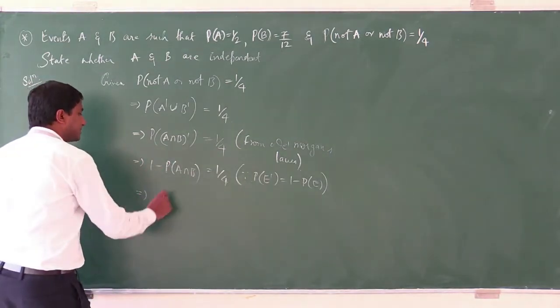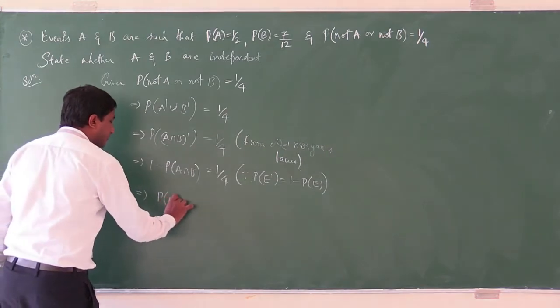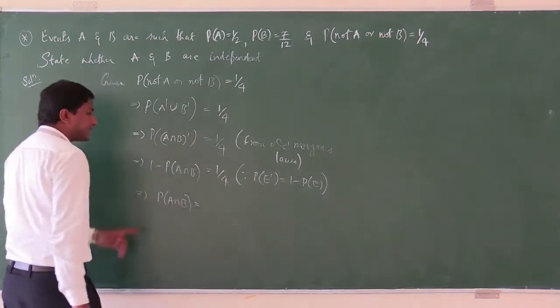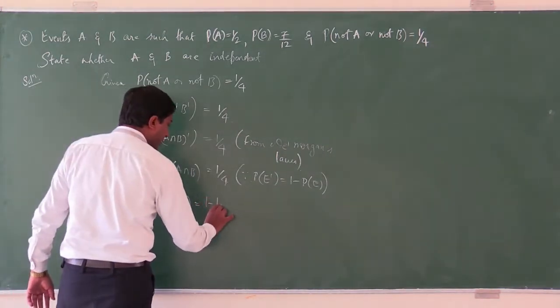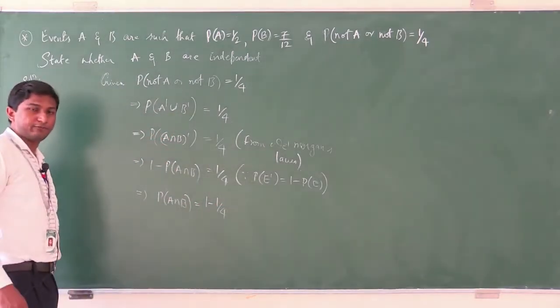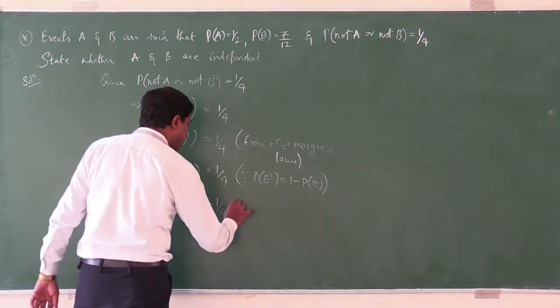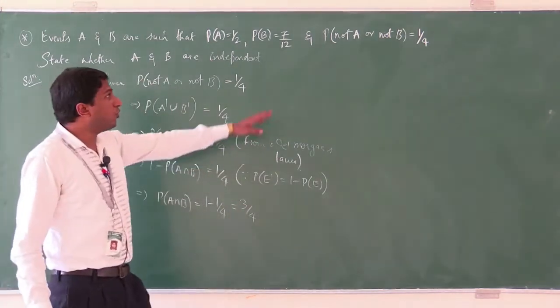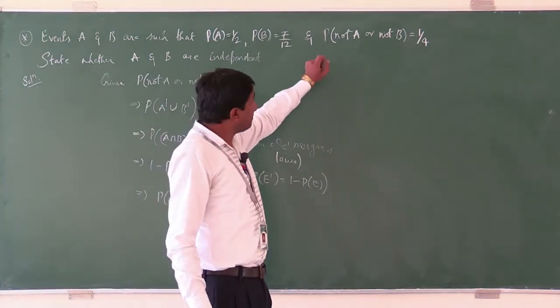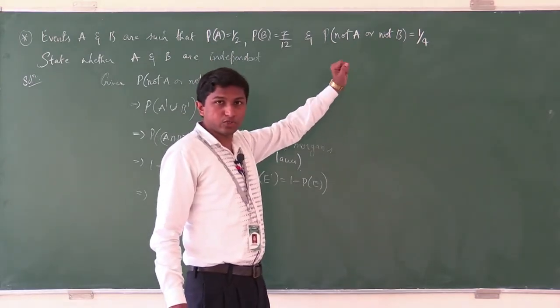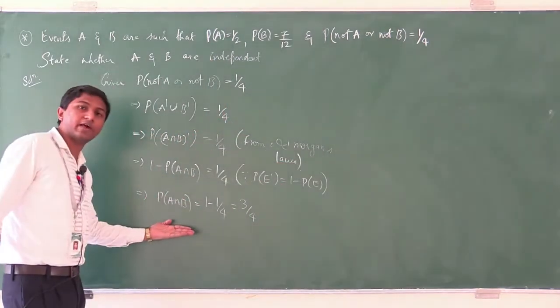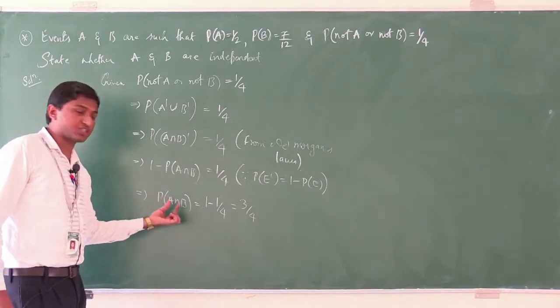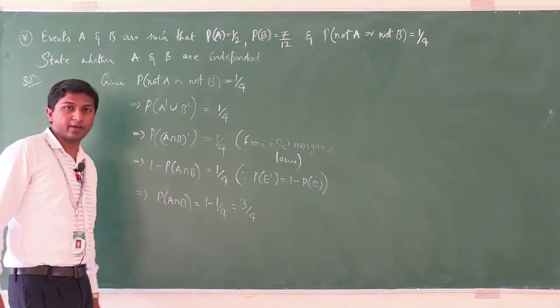What is P of A intersection B from this? I can write this as 1 minus 1 by 4, which is nothing but 3 by 4. So using the information P of not A or not B equals 1 by 4, we have found the value of P of A intersection B to be 3 by 4.